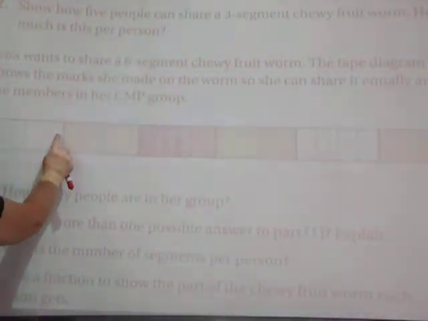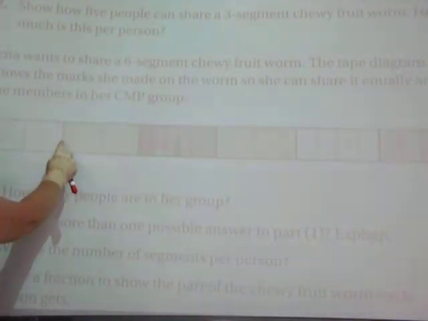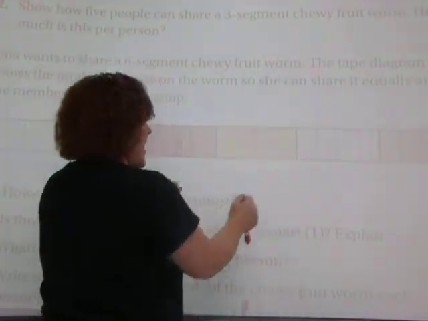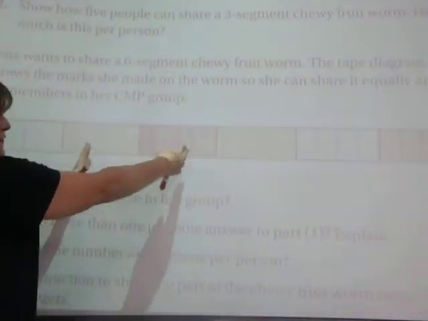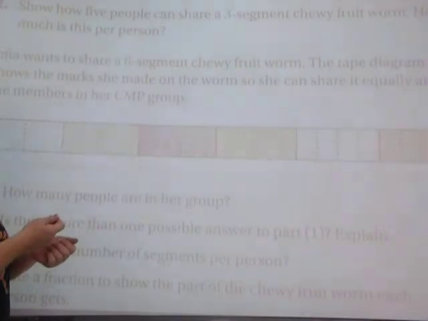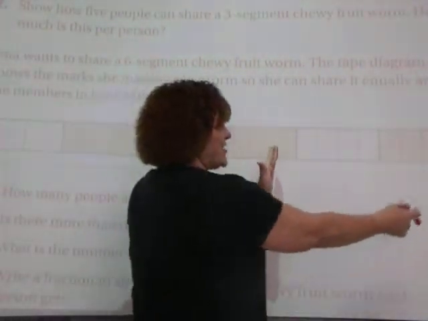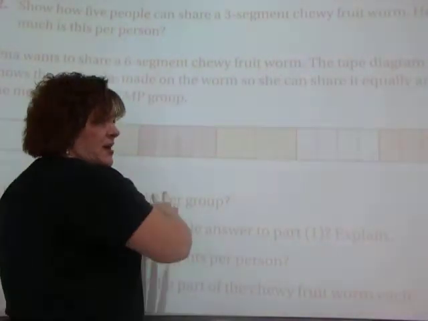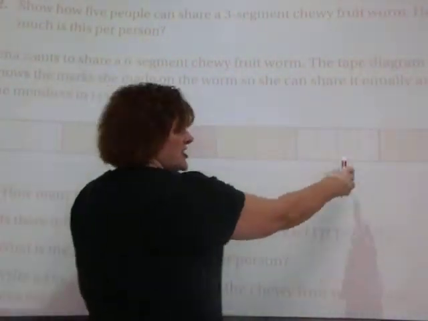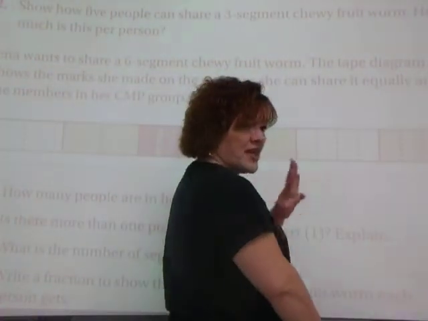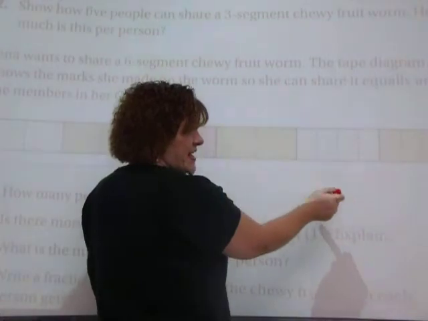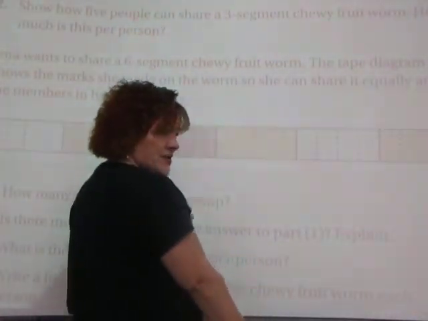So to me it kind of looks like she had 1 color, 2 colors, 3 colors, 4 colors, and so she knew that each one of her 4 members was going to get a whole segment. But she knew she had 2 left over and that her 4 members could not get another whole segment. So she started breaking the leftovers into 4 pieces because she knew that each member could get one of these 4ths and one of these 4ths.